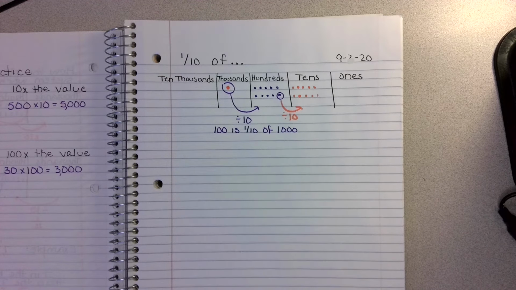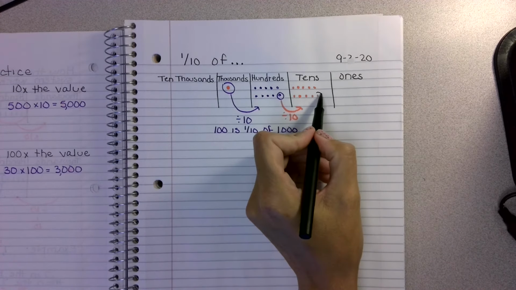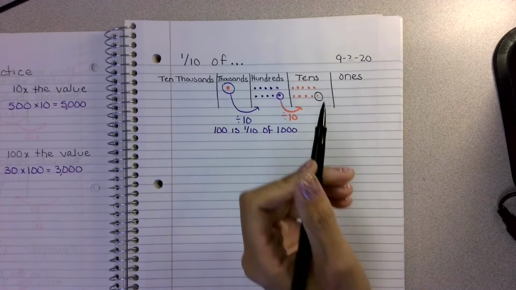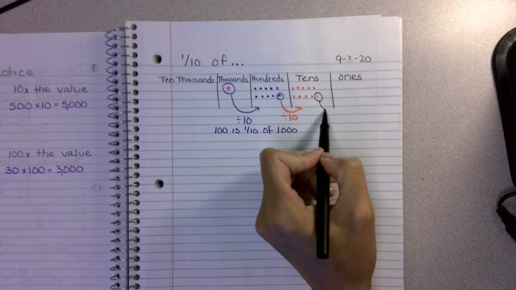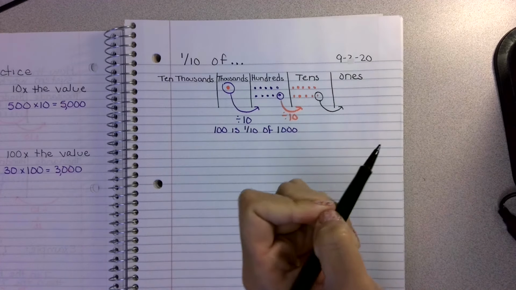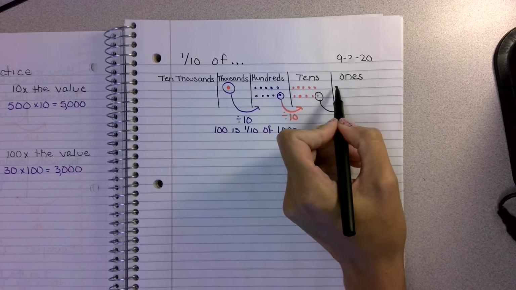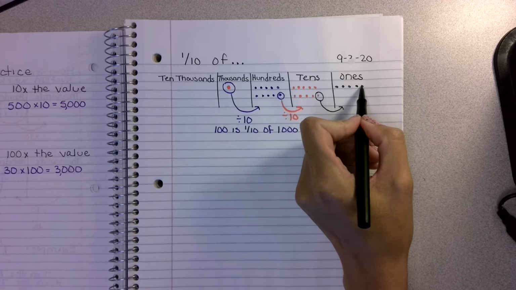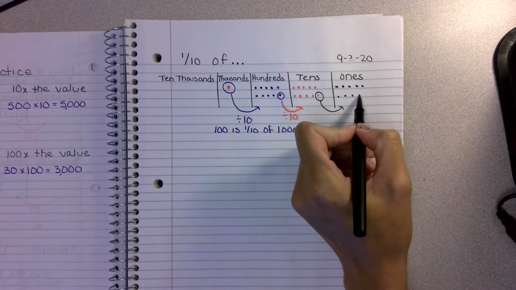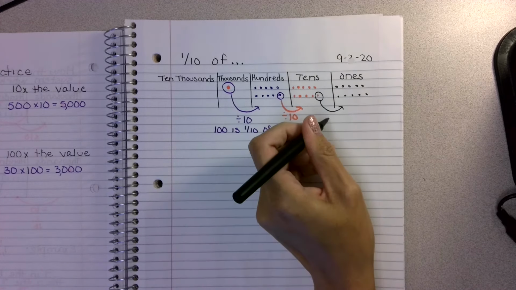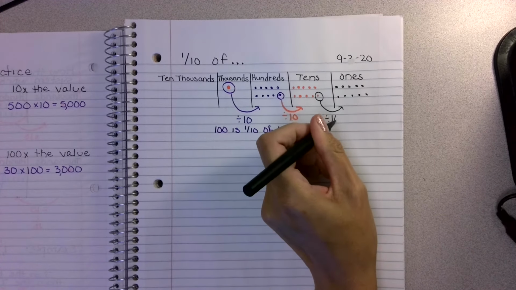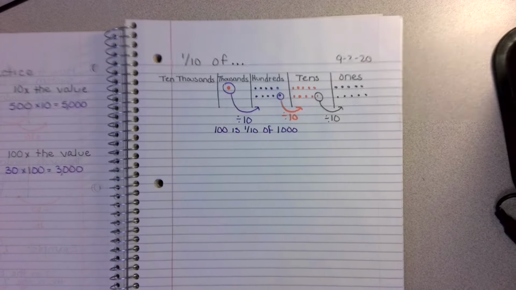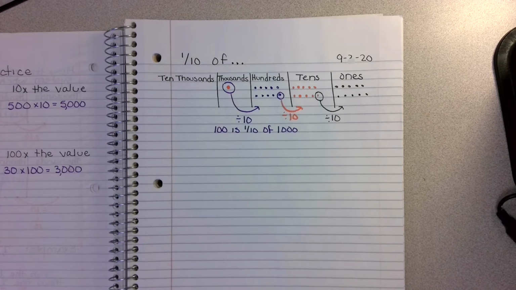All right. So now I want to take one of my tens and break it into ones. How many ones make up a $10 bill? 10. Okay, so I just divided a $10 bill by 10 to get my ones. So it's the same kind of concept as when you were going the other direction.